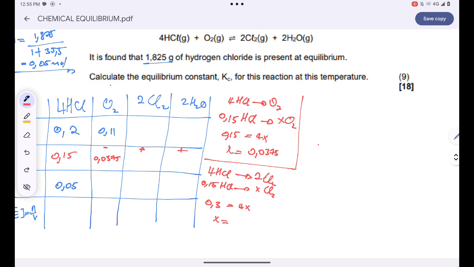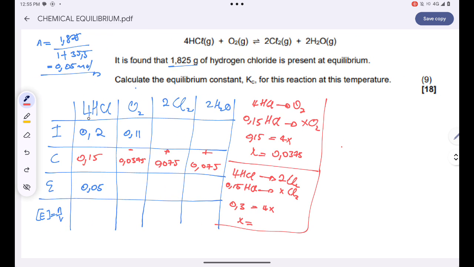Then x is basically 0.3 divided by 4, which will just give me 0.075. Are you together? I'll also get 0.075 over here, guys, according to the ratios, because I can see that 4 is to 2. Same thing applies with steam, 4 is to 2. So the number of moles produced here are the same number of moles produced there.